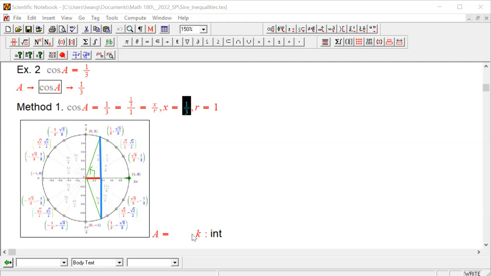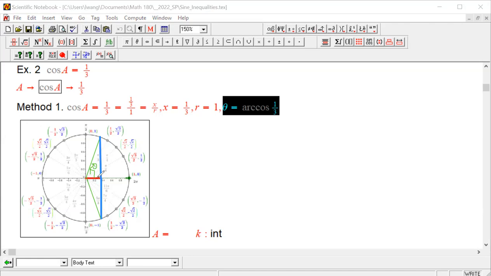If I call this angle theta, I'm going to introduce a theta. Theta equals arc cosine of 1/3. So this is theta.